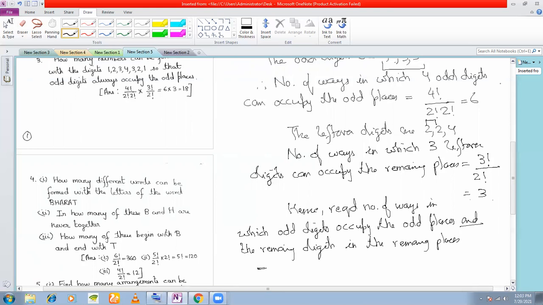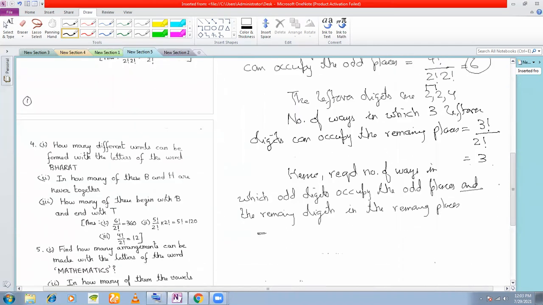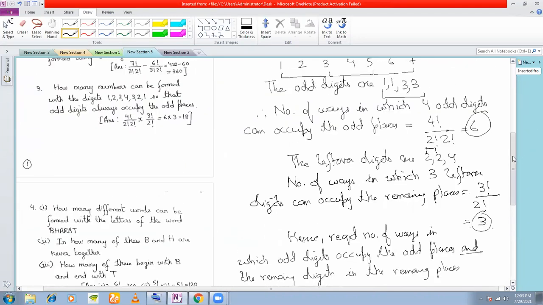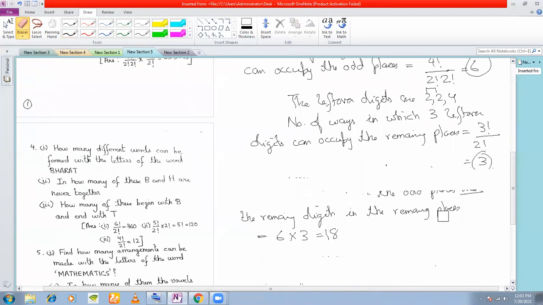So and is the keyword, okay? Is equal to how many? First one, 6, right? 6. And because there's an and here, we give a multiplication sign. Remaining digits will occupy in 3 ways. It's 18. Okay? Clear? Yes, sir. We move on to the next problem.